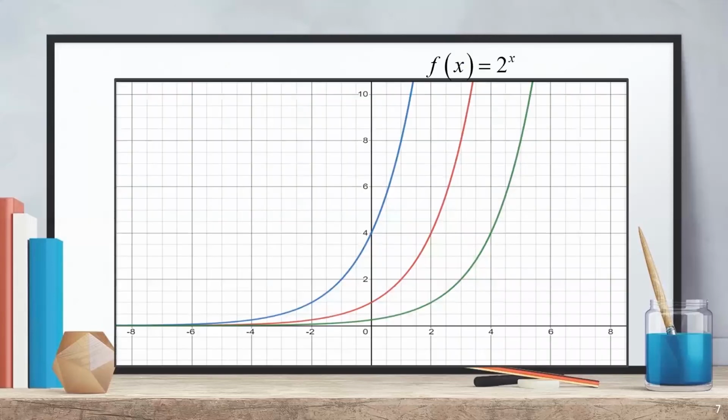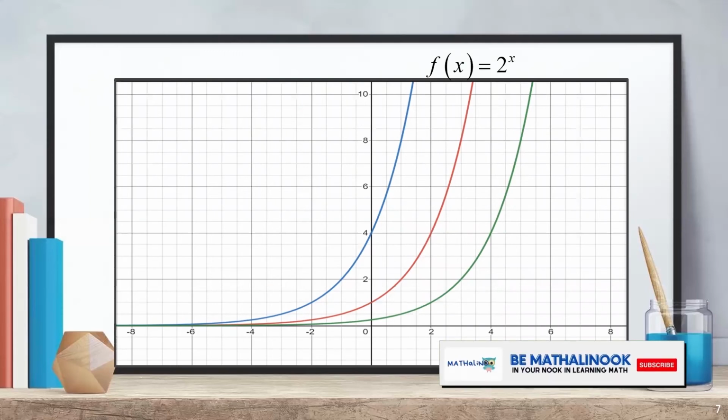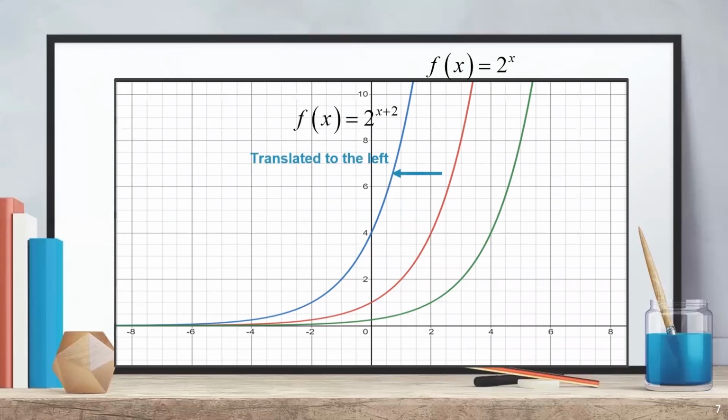In this one, the illustration shows graphs of three exponential functions. Again, the red graph represents f of x equals 2 raised to x. The blue one is the graph of f of x is equal to 2 raised to x plus 2. Notice the difference between the two functions.